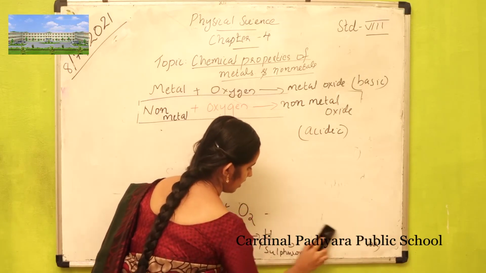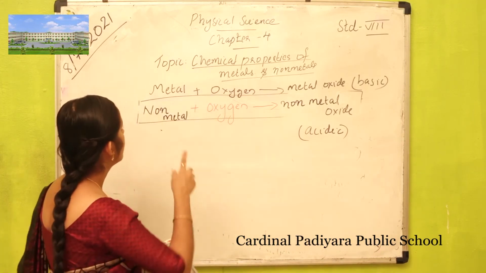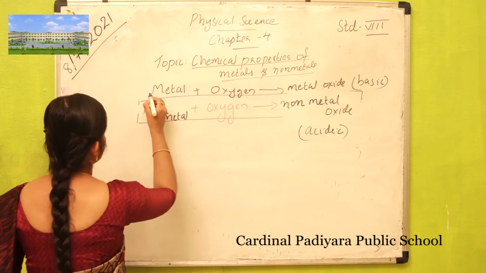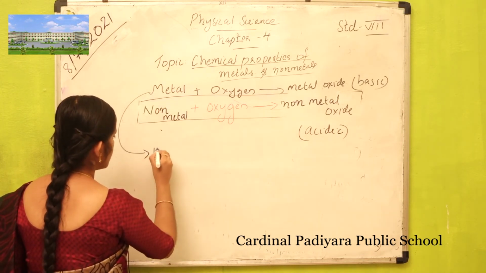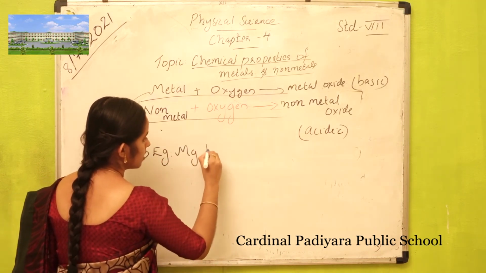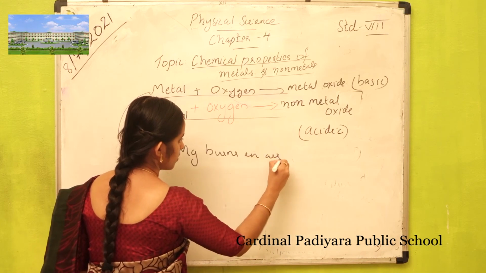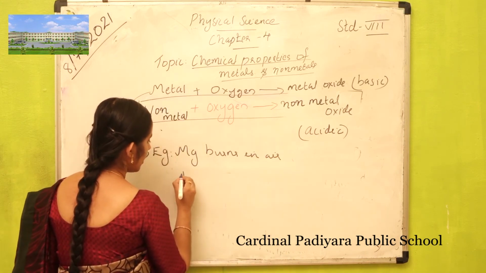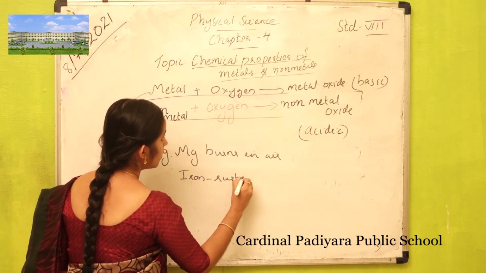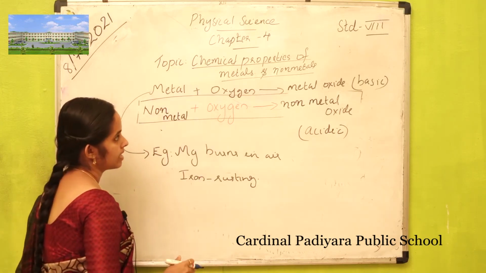We have seen the examples also. For metal reacting with oxygen, the example is magnesium burning in air. Then iron: rusting of iron is an example of metal reacting with oxygen to form metal oxide.